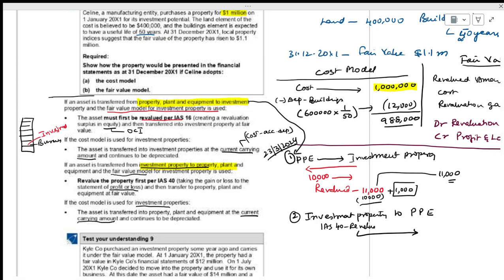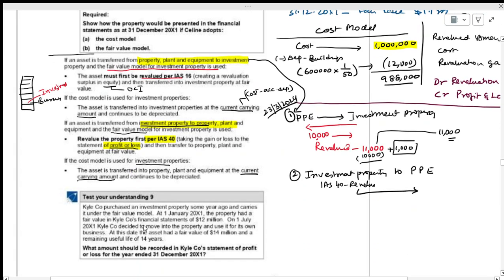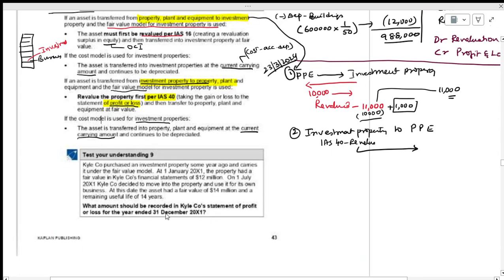In the second case, if you are doing revaluation with investment property, we are not going to route it through equity. Any profit or loss we show in the profit and loss account. Come back, we will have more clarity here.